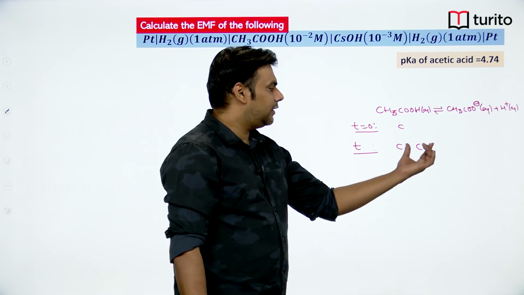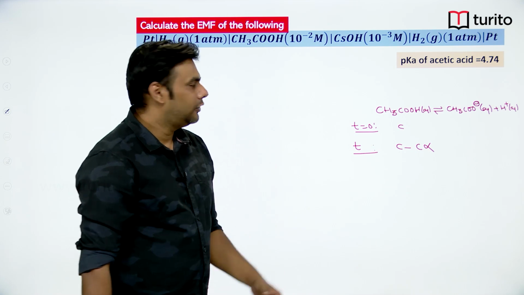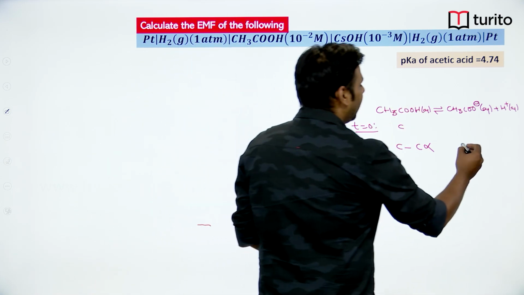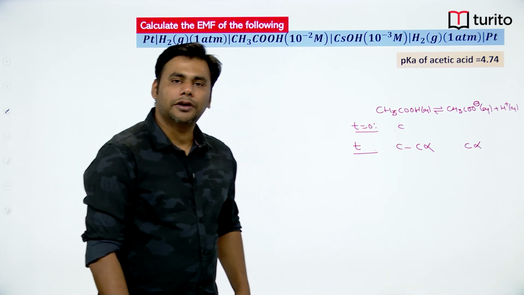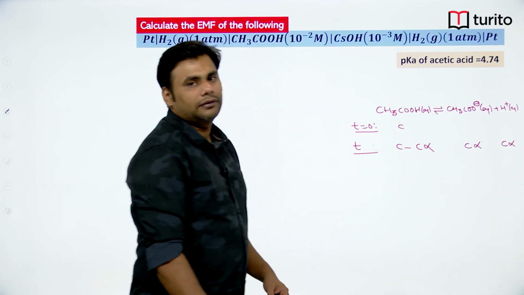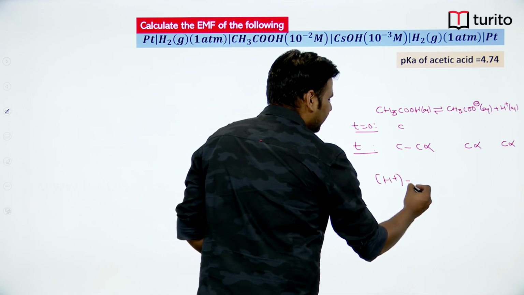So C alpha is dissociating, so left over would be C minus C alpha. 1 mole of acetic acid is producing 1 mole of acetate ion, so C alpha would produce C alpha of acetate ion. 1 mole of acetic acid is producing 1 mole of H plus, so the concentration of H plus is C alpha.